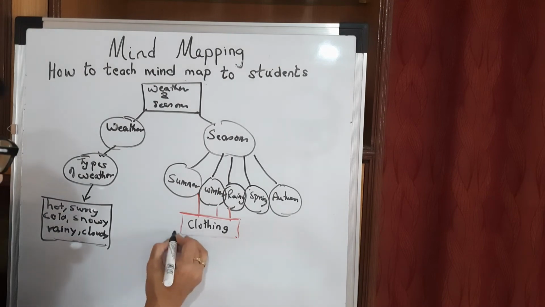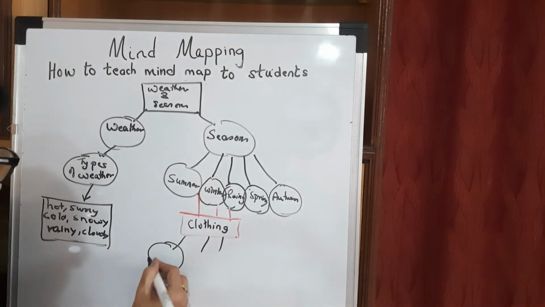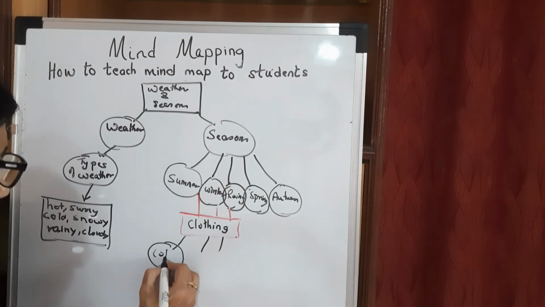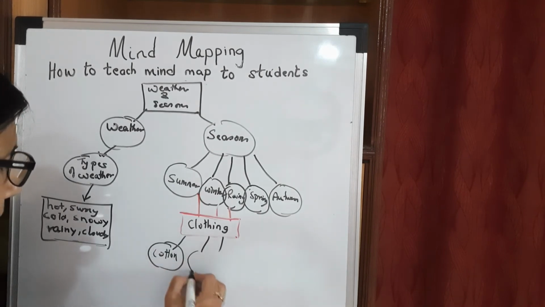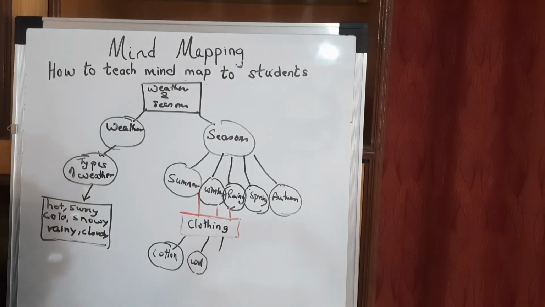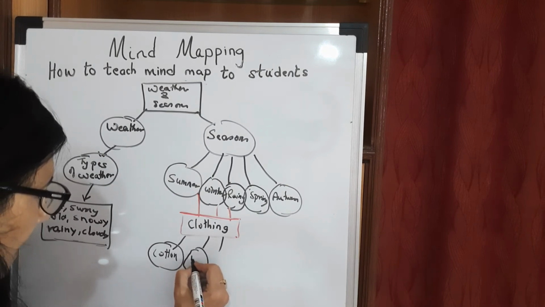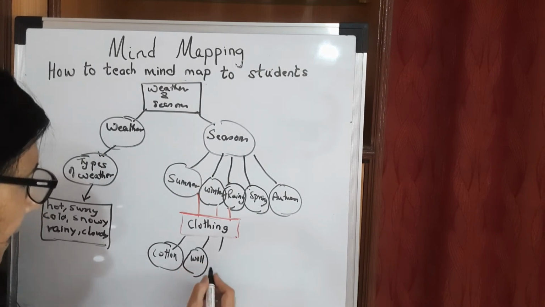So in clothing, what are the things they are going to remember: in the summer season, what clothes they wear, loose cotton clothes; in winter they wear woolen. If you are asking them this way to prepare the concept map, they are learning.